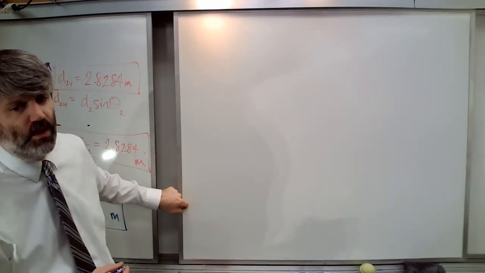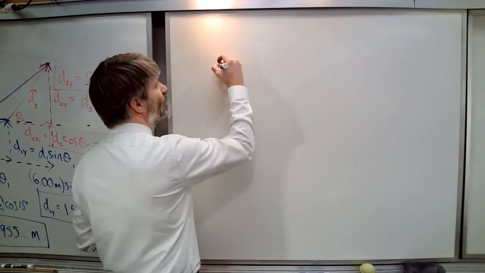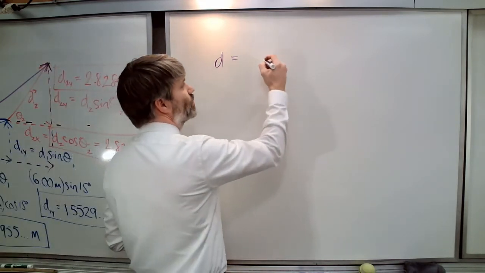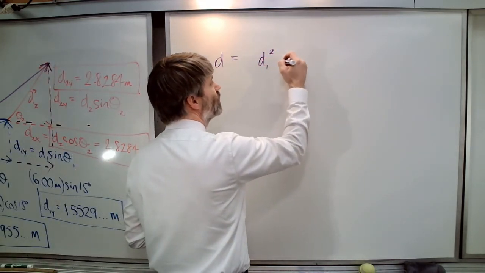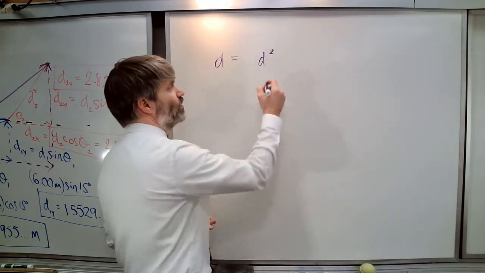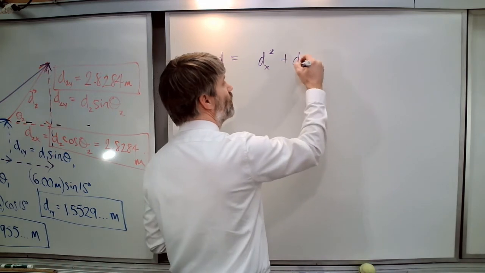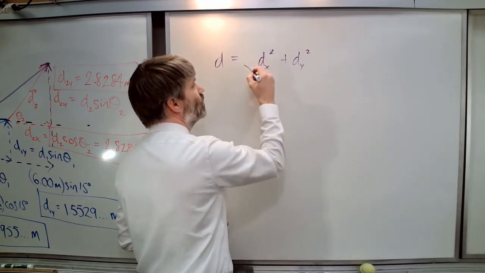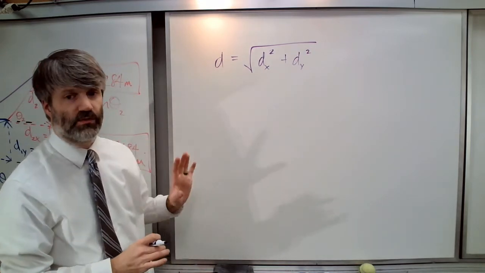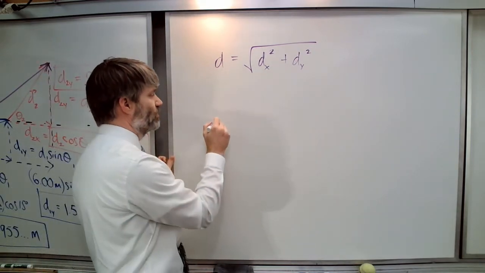Pythagoras, of course, being that the magnitude of our resultant vector is equal to the square root of the x component squared plus the y component squared. So these values are what I've just calculated by adding those two together.